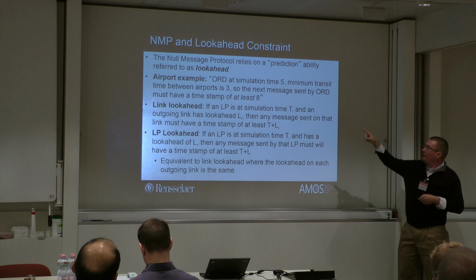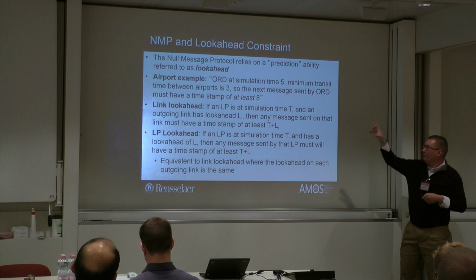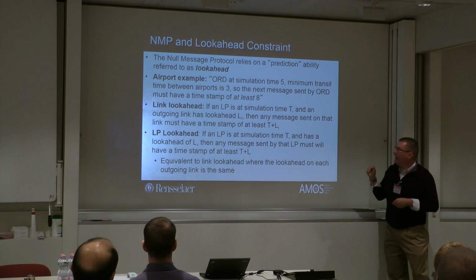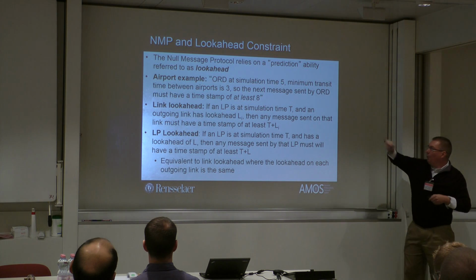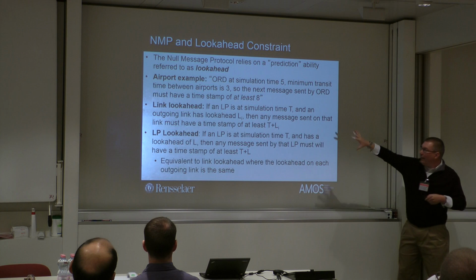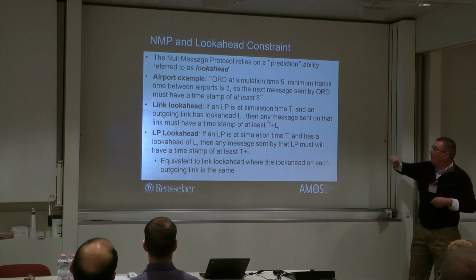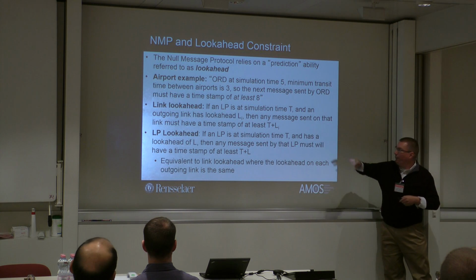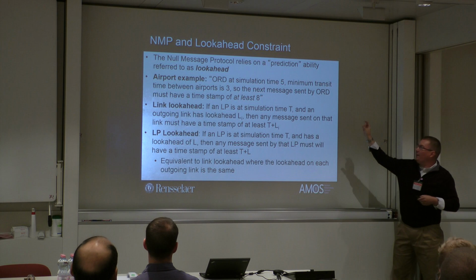If I were to use an airport example, we can have promise times, if you will, among airports. If you have an airport simulation, and I'll show another animated example of this, we could say if you were in ORD at some simulation time, and there's a maximum transit time between airports of, say, 3 hours, and you're at time 5 hours, then the next message by ORD will be at time 8. That's really an example of where lookahead happens in your model.